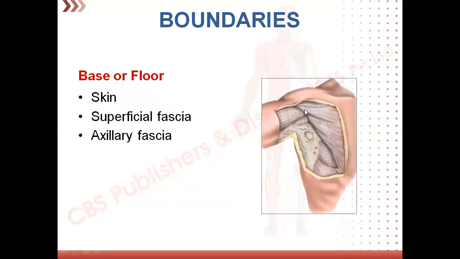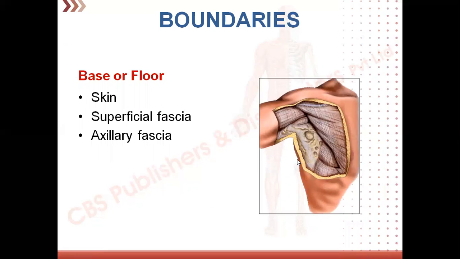Once you know the apex, now we will see the base or floor. When you have abducted the arm and prepared yourself for dissection, you will see skin and a lot of hair in the armpit region. That is nothing but the base or floor. Once you cut the skin, you will see the superficial fascia with abundant fat in the axilla region, into which you will see pea-sized structures.